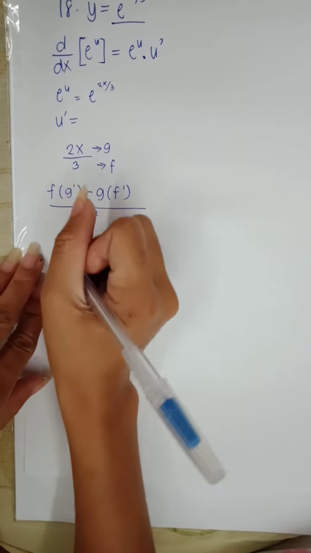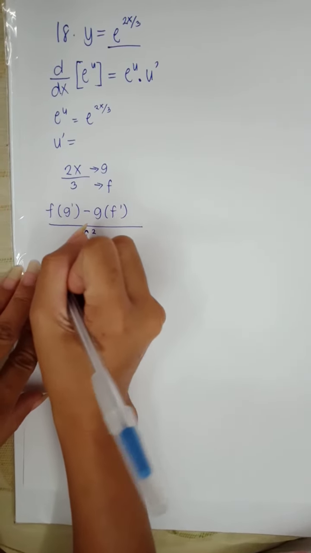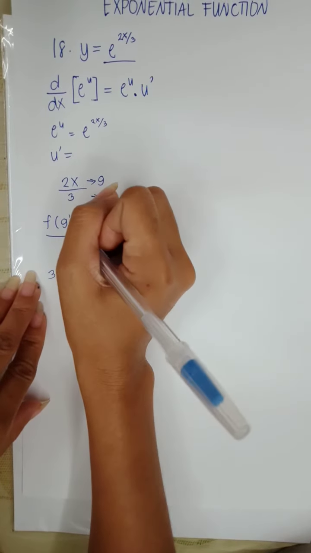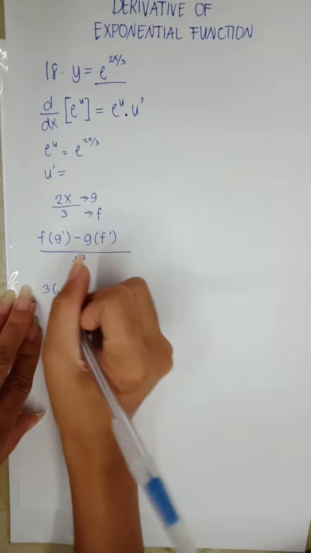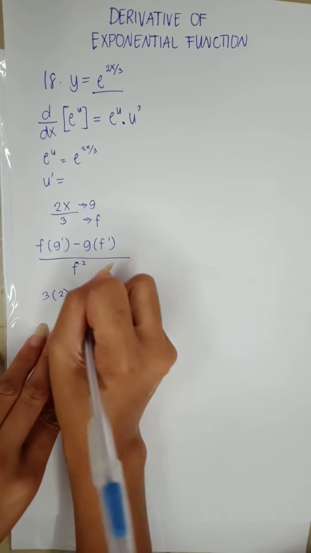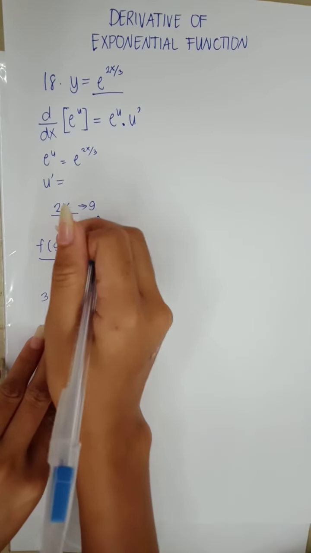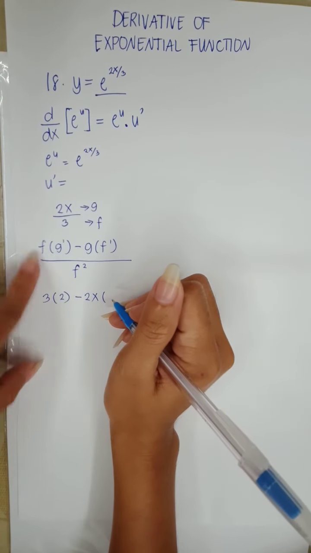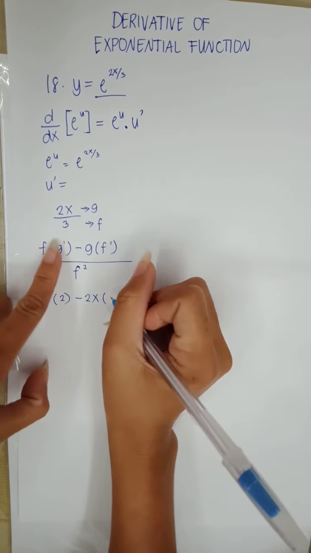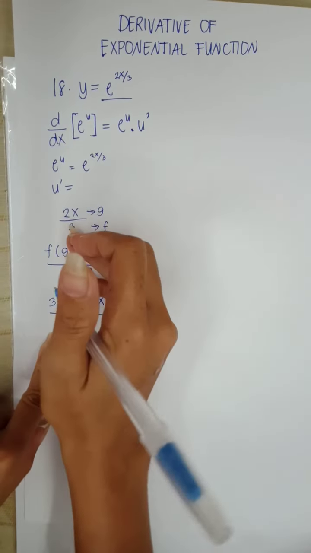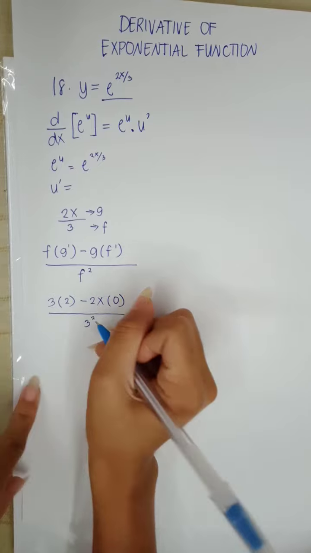So simply substitute: f, 3, times the derivative of 2x, which is 2, minus g, 2x, times the derivative of 3, or f, which is 0 because 3 is a constant, over our f, 3, squared.